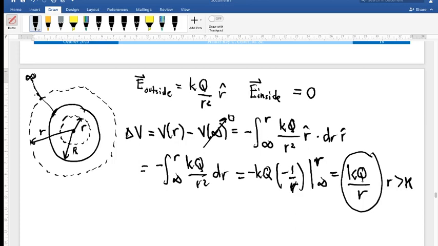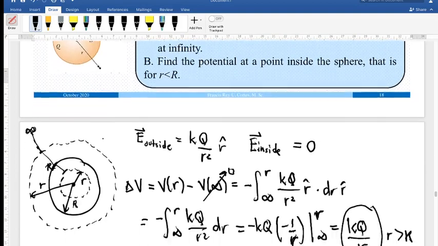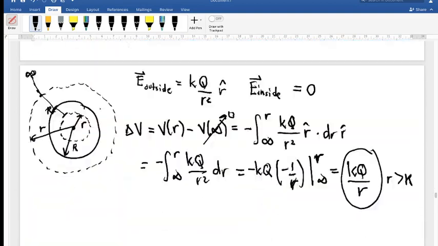We cannot just directly calculate infinity to r inside, because it will have the same result as the potential outside, which is incorrect, because we have a boundary between two points. From infinity to radius R at the surface, then from radius R to your Gaussian surface, that's how you deal with the potential inside.